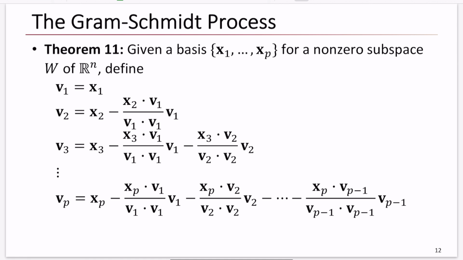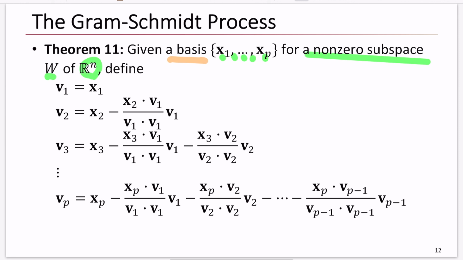This is Theorem 11 in your textbook. Given a basis x1, x2, x3, up to xp for a non-zero subspace W in R^n. First of all, this is just a basis, not an orthogonal basis.